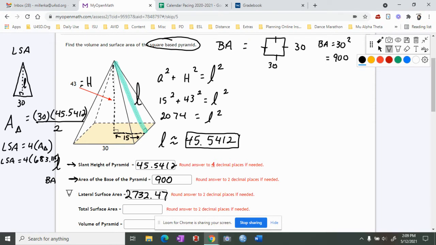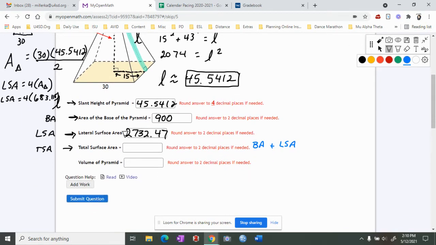For my total surface area, I need to add together my base area plus the lateral surface area. So I'm going to take this 2,732.47 and add 900 to it.